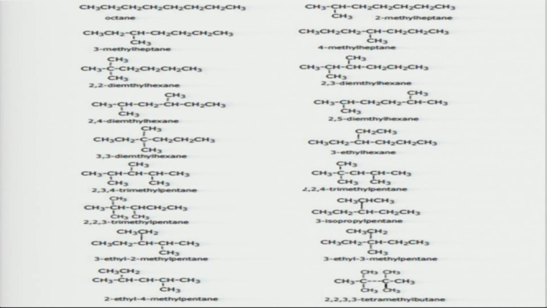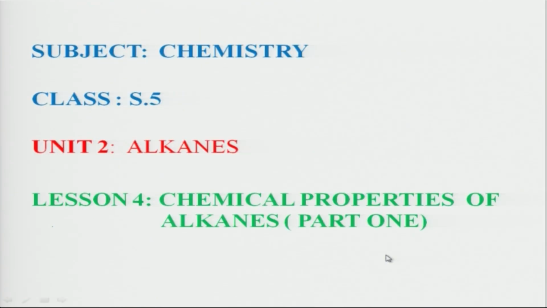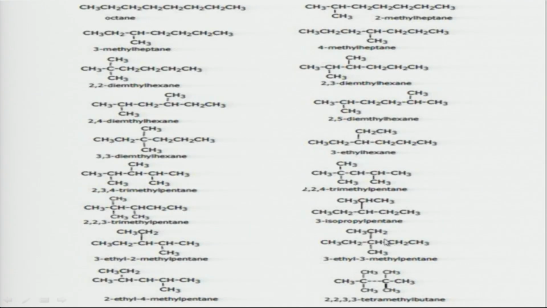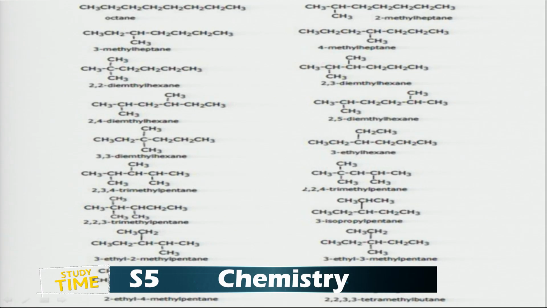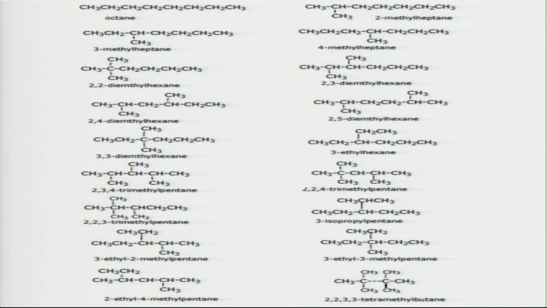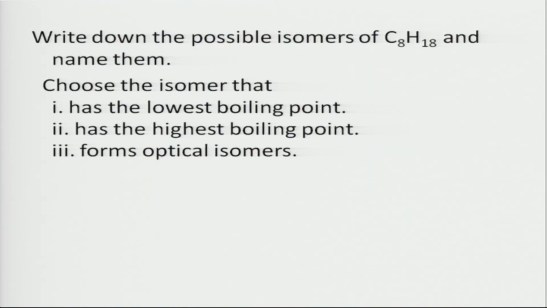So if you look at our isomers, the one which is more branched is, I think, this last one here, which is 2,2,3,3-tetramethylbutane, and this one will have the lowest boiling point.